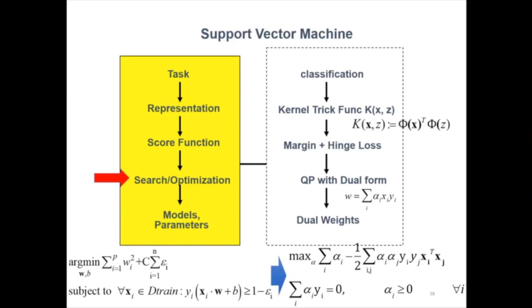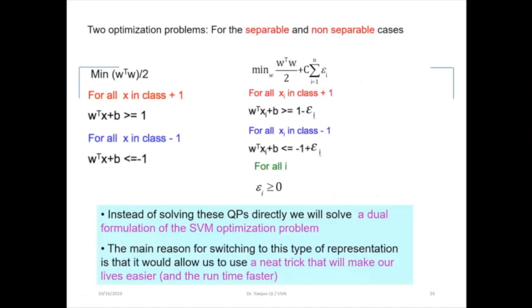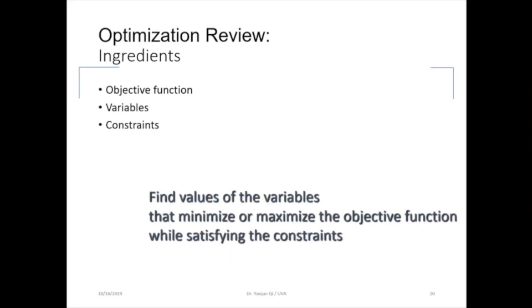Now, let's see, how do we solve that margin plus the hinge loss formulation? So this is the summary of the two cases. And to proceed, I have to teach you a little bit of basics about constraint optimization.